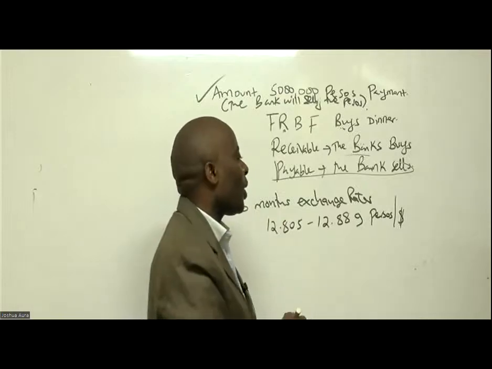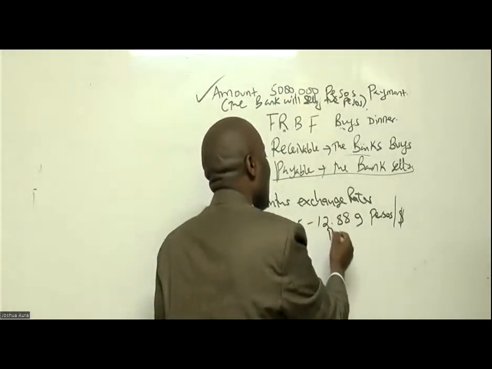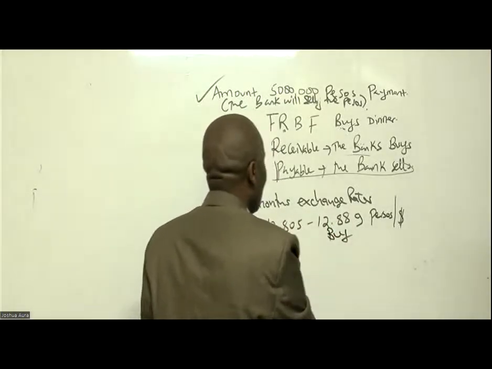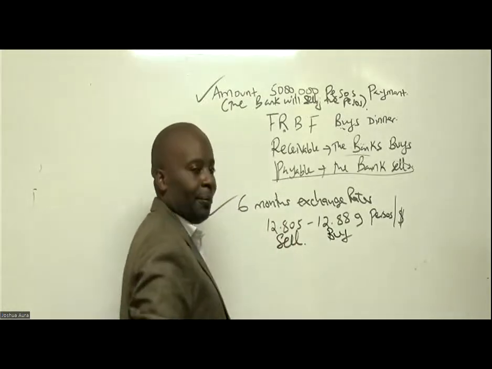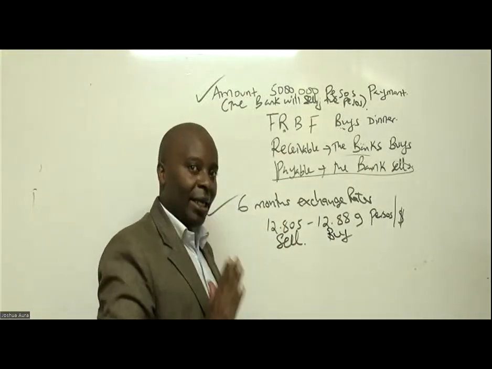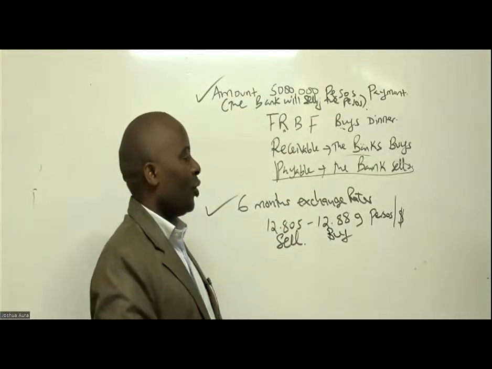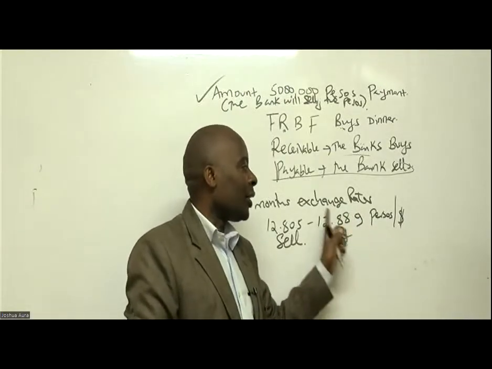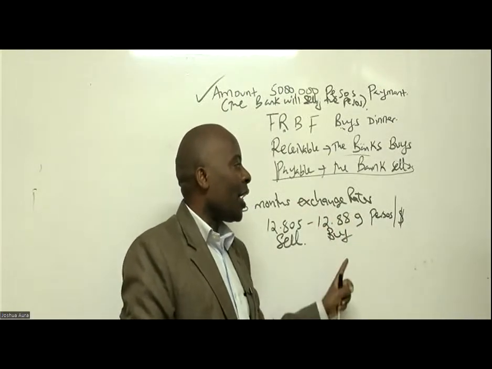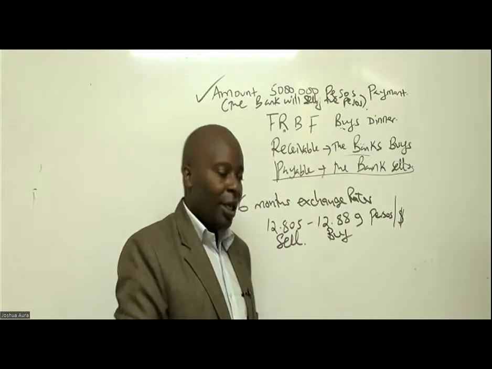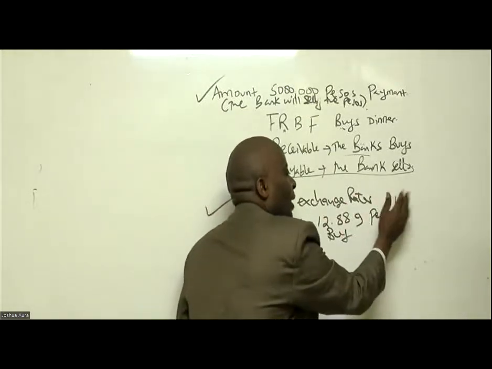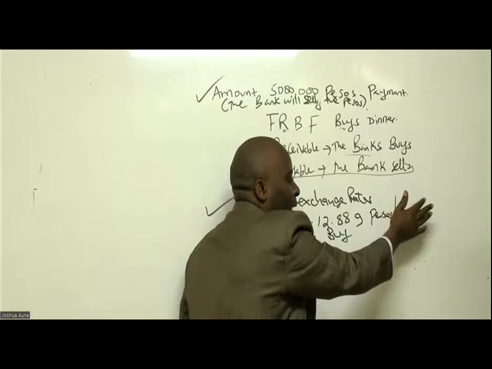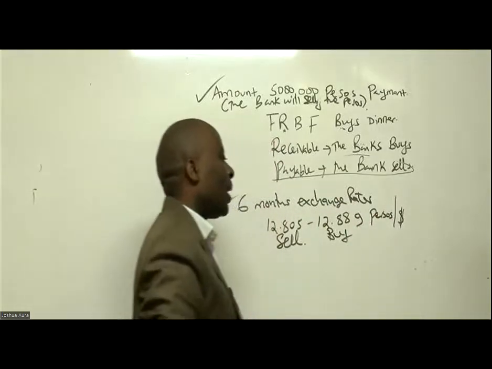And if the dollar is on the right side, then this becomes the buy, and this becomes the sell. Remember, the buying is normally based on where your home currency is found. If your home currency is the second currency, per dollar, on the right side, then the right figure becomes the buy.